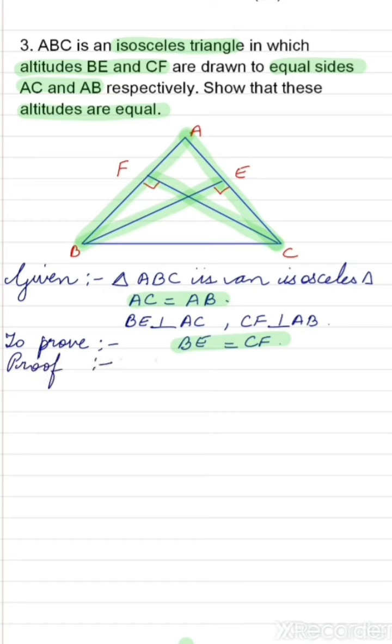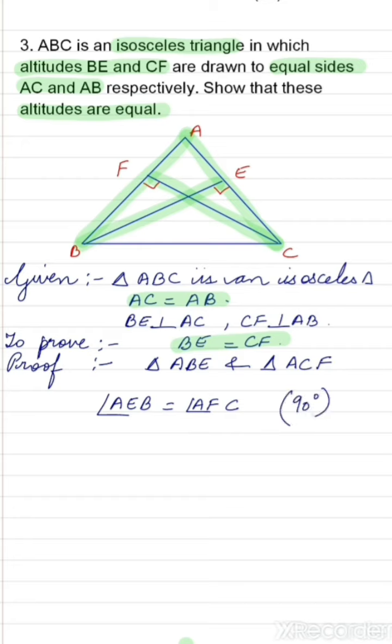For the proof of this, we are going to consider the triangles ABE and triangle ACF. In these two triangles, you may see that angle AEB is equal to angle AFC, as both are given 90 degrees.